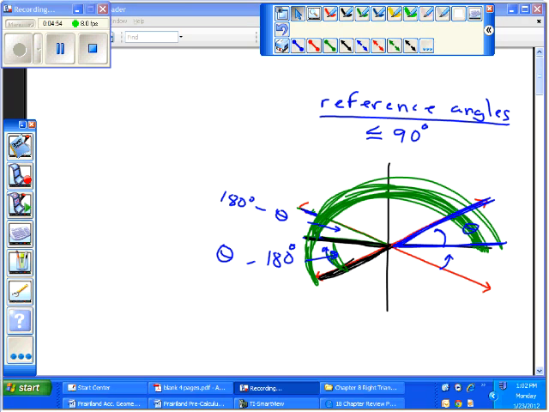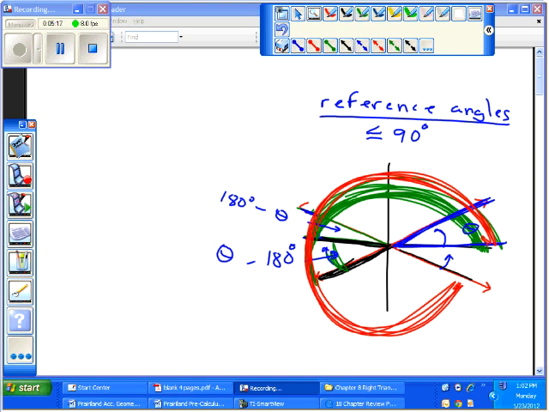But if we started here, maybe I'll do this in red, and we went all the way to there, and we wanted the reference angle for that whole big angle that's almost the whole circle, 360, then the reference angle would be formed by its terminal side and the closest piece of the x-axis, which means we're dealing with that angle right there.